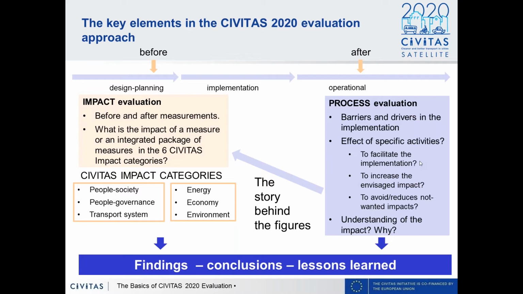But we also can do other campaigns or other initiatives, making a general promotion campaign for cyclists. And that's more an example of increasing the envisaged impact.